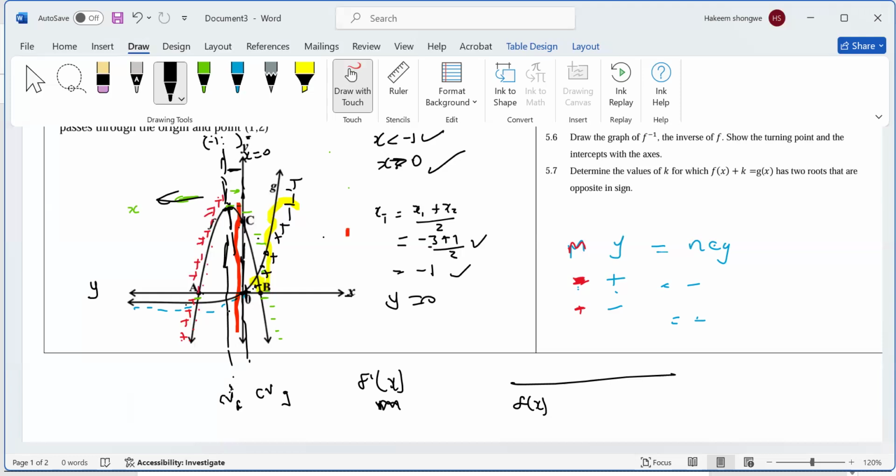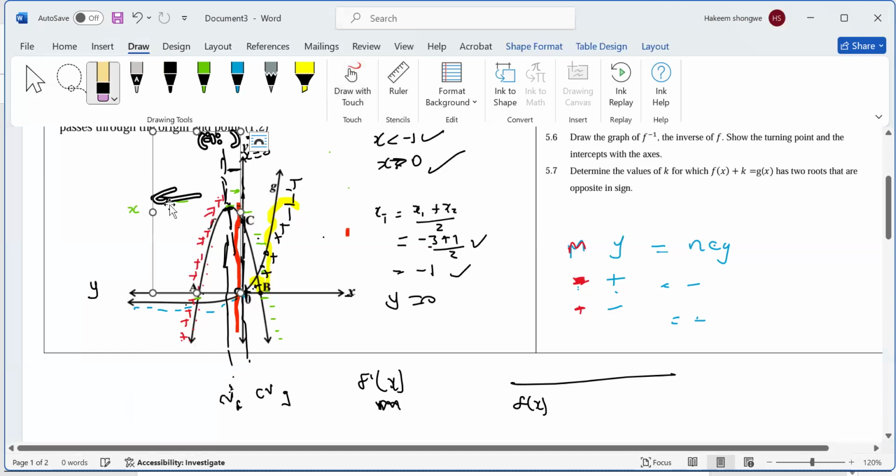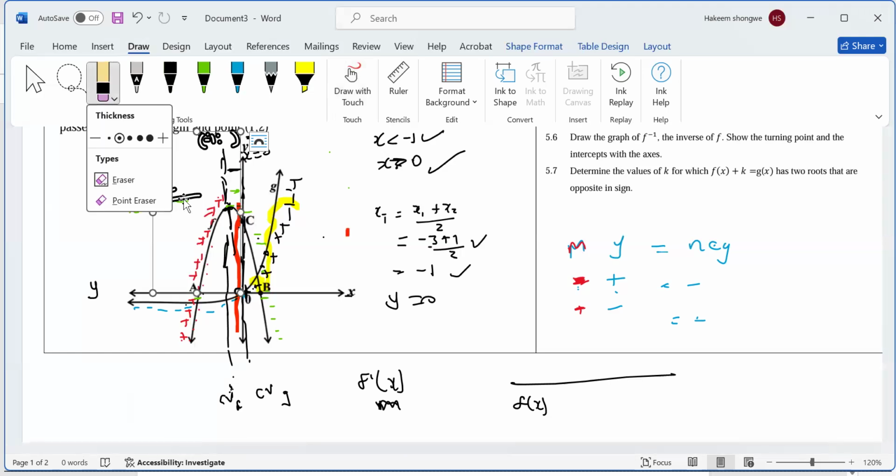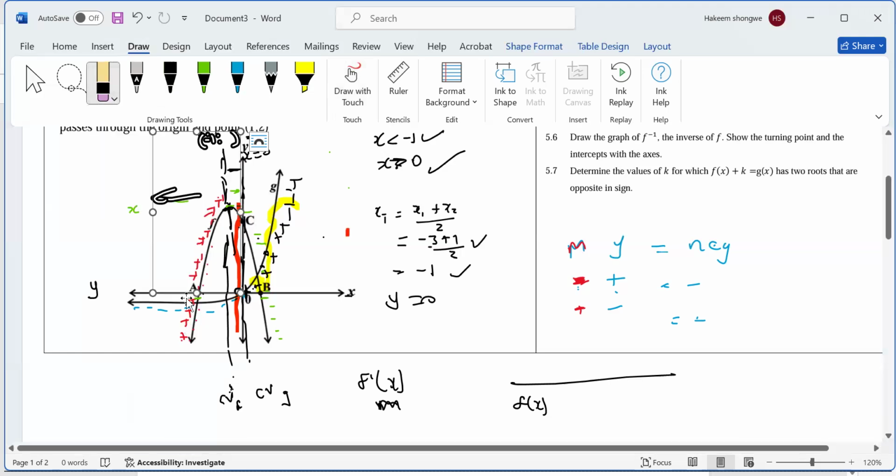Maybe let's erase this one. Just to explain what you're asking, here we had the graph increasing, the gradient. That is why when I was writing here in my mind, I was clear that these positives I'm writing are not for f of x, but they are for the gradient of f of x.